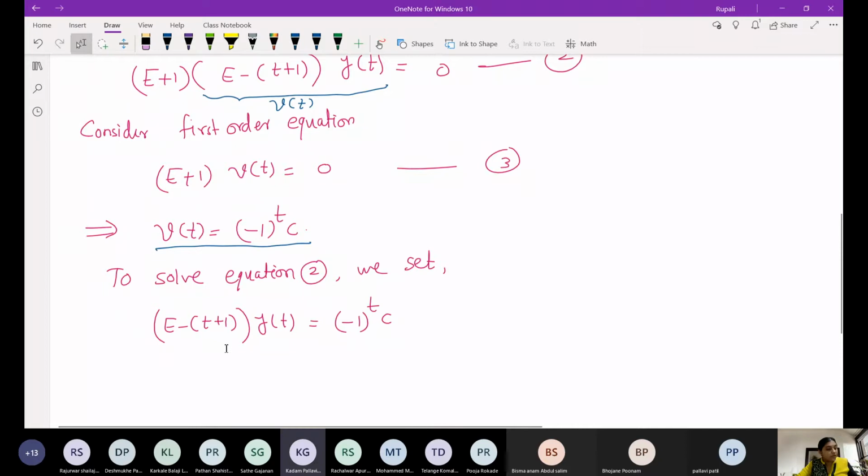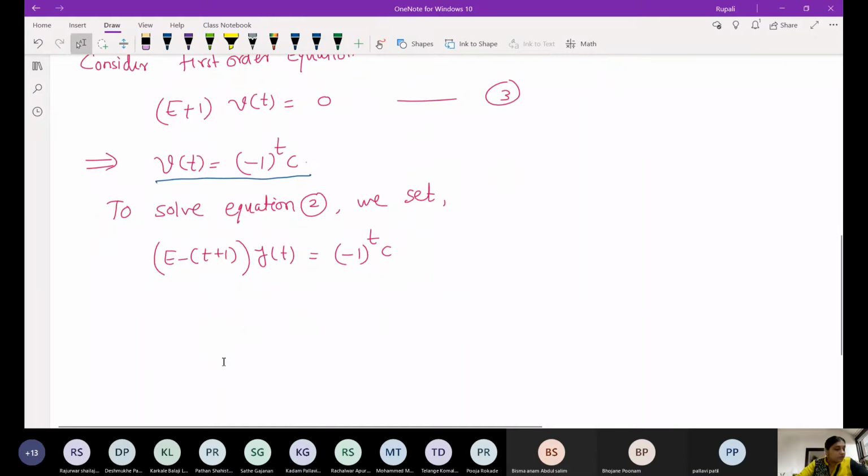This is also a first order equation, but it is not of constant coefficient, so we have to use the method we used in the first chapter.